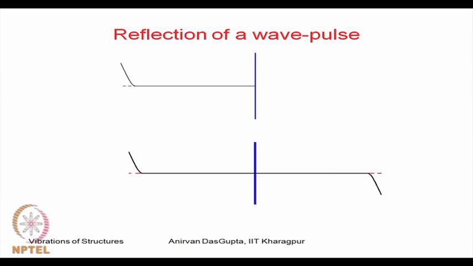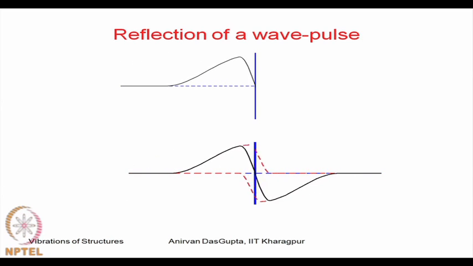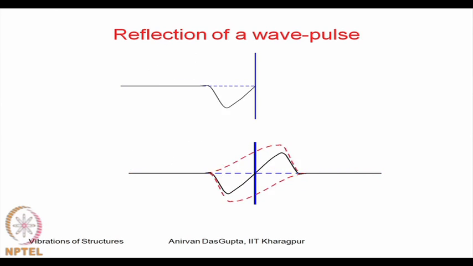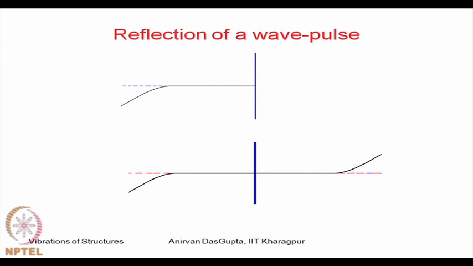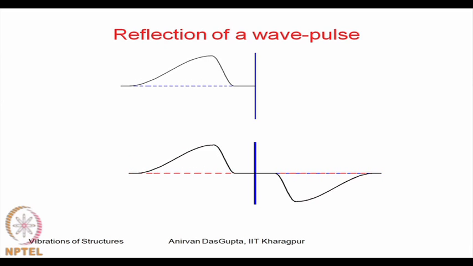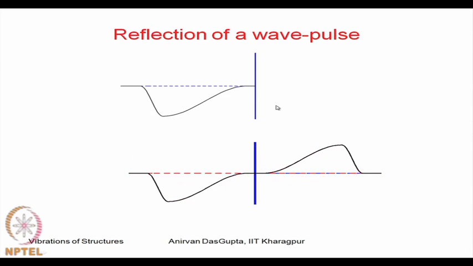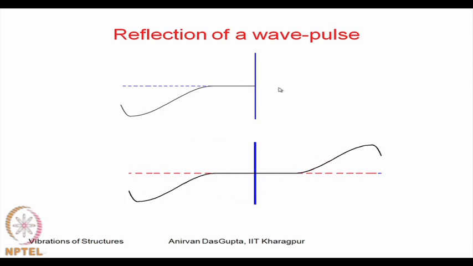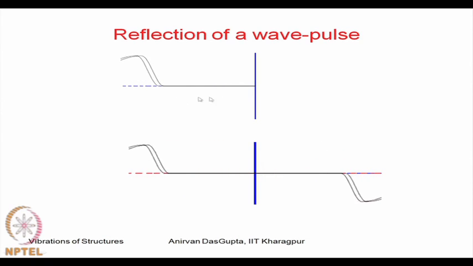Here I show an animation. A wave pulse travelling towards positive x direction from minus infinity hits this fixed boundary at x equal to 0 and gets reflected. In the above figure, I have shown what is actually observed. That is how you will observe the string to behave.